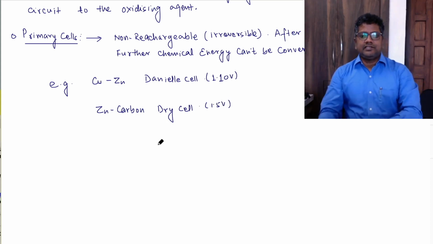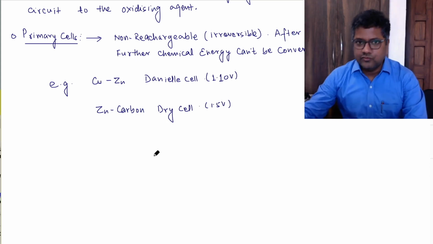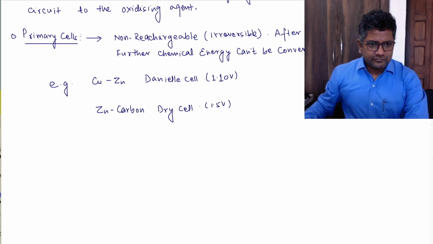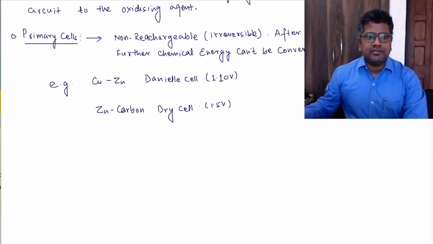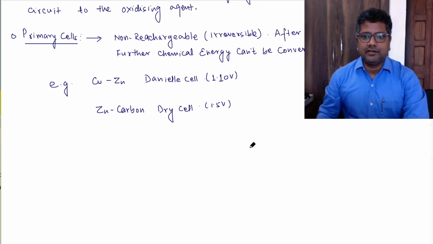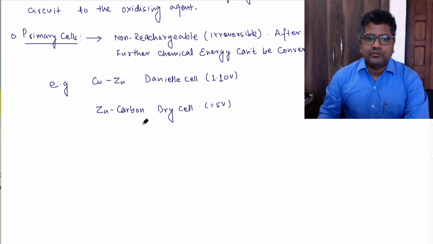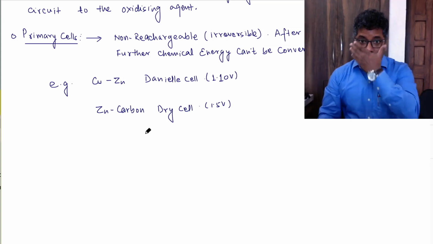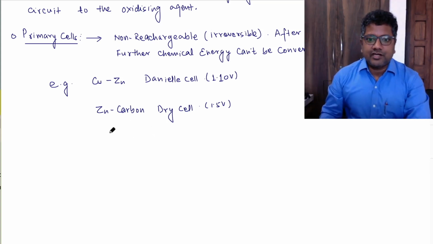This zinc-carbon dry cell is used in torch batteries and for various purposes in our daily use. See what the net representation of this zinc-carbon dry cell is.